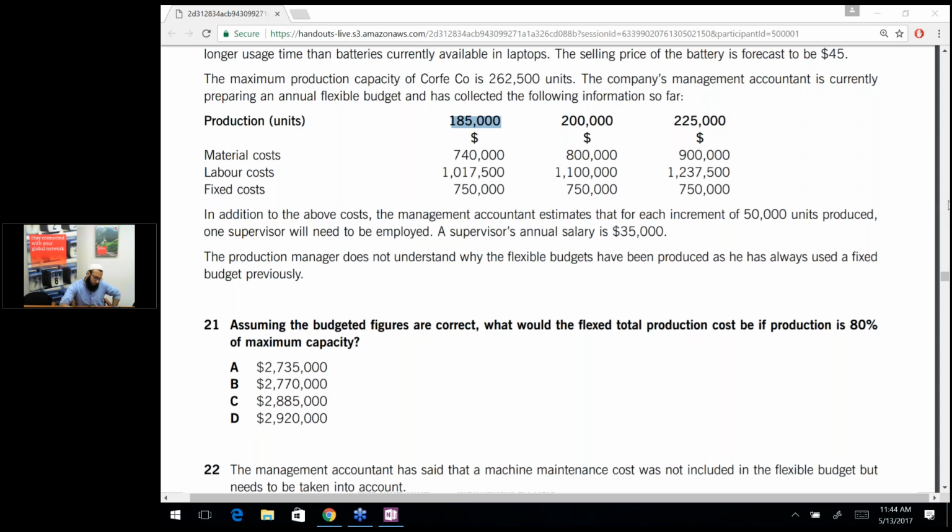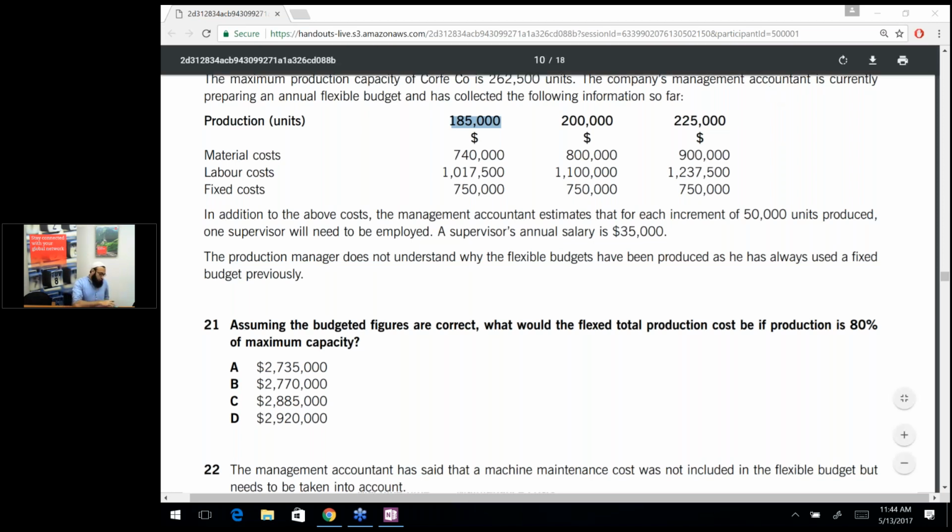Yeah. So it's 4. So 1,740,000 divided by 185,000, it's 4.